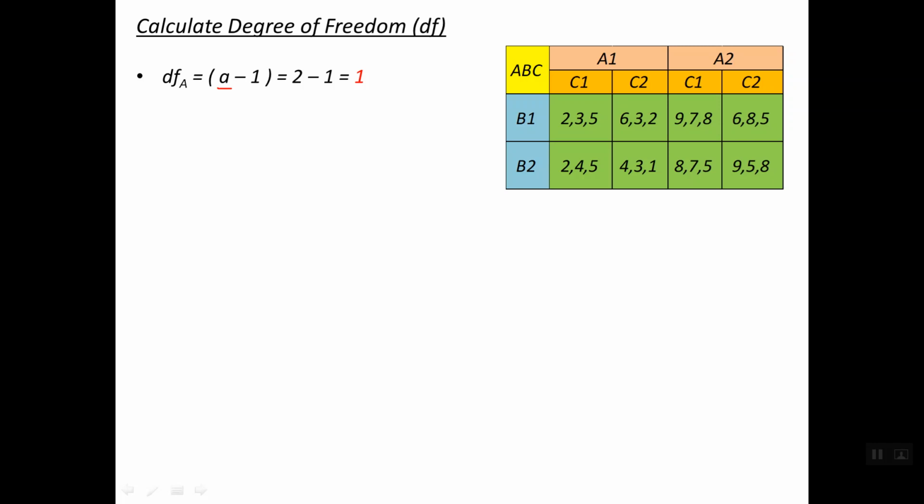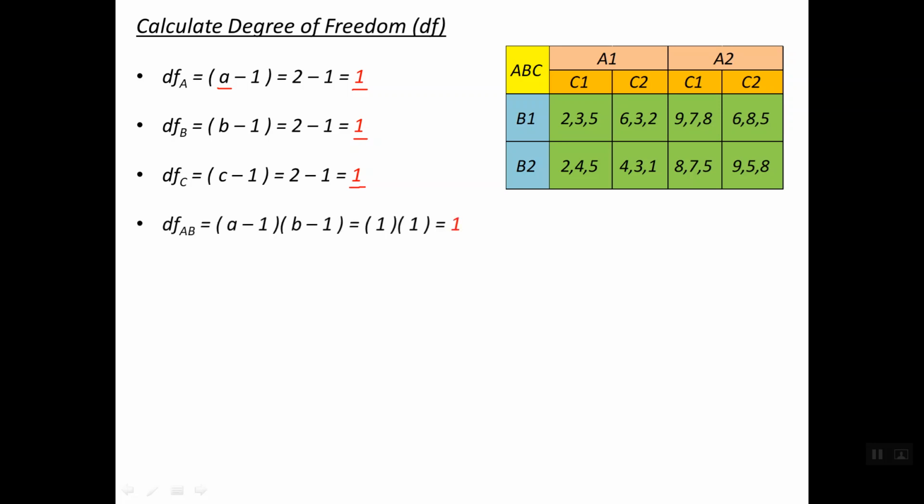So the degree of freedom for this factor is A minus 1, which is 2 minus 1, which is equal to 1. For the second factor, factor B, the degree of freedom is simply B minus 1, which is 2 minus 1. And again, we have 1. For the third main factor, C minus 1 is equal to 2 minus 1, and it is the same, we have 1.